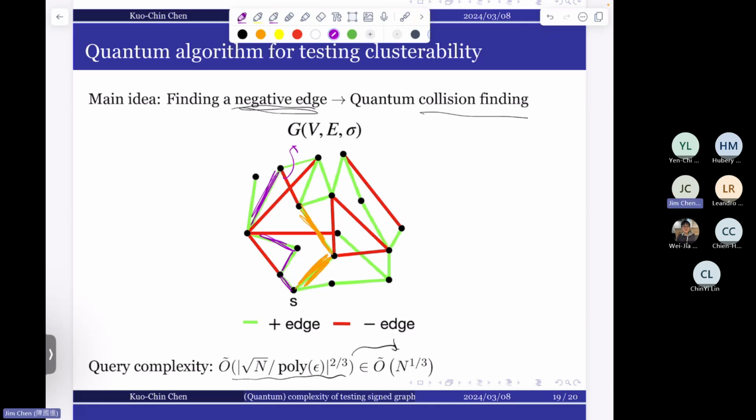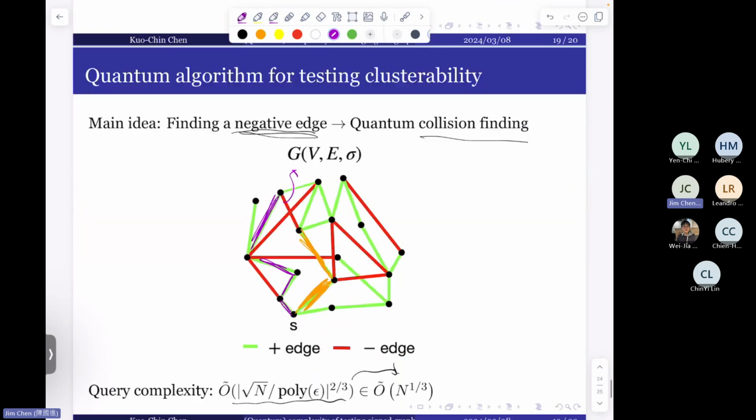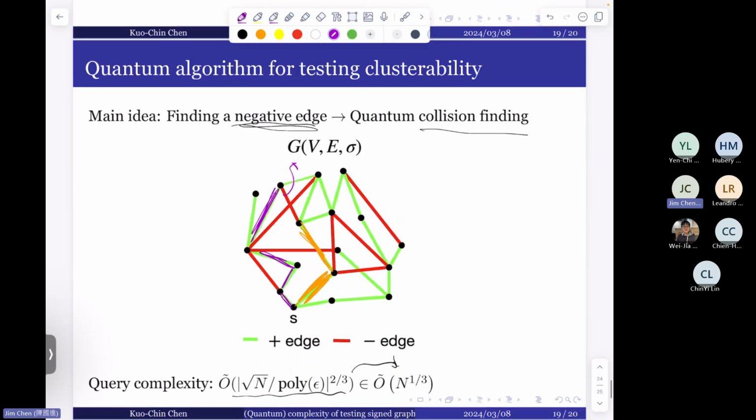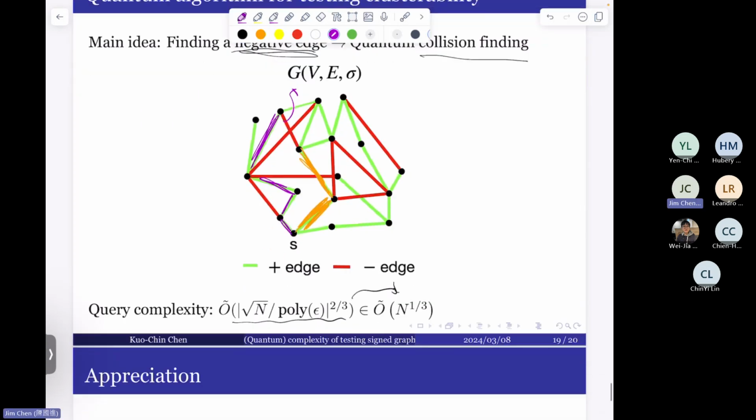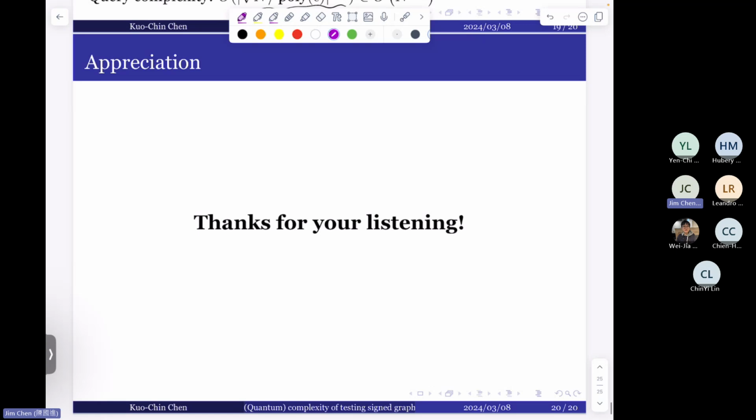Then we can use quantum collision finding, and we get our second main result. This is the main idea for designing the quantum algorithm for testing clusterability. And yeah, that's all. Any questions?